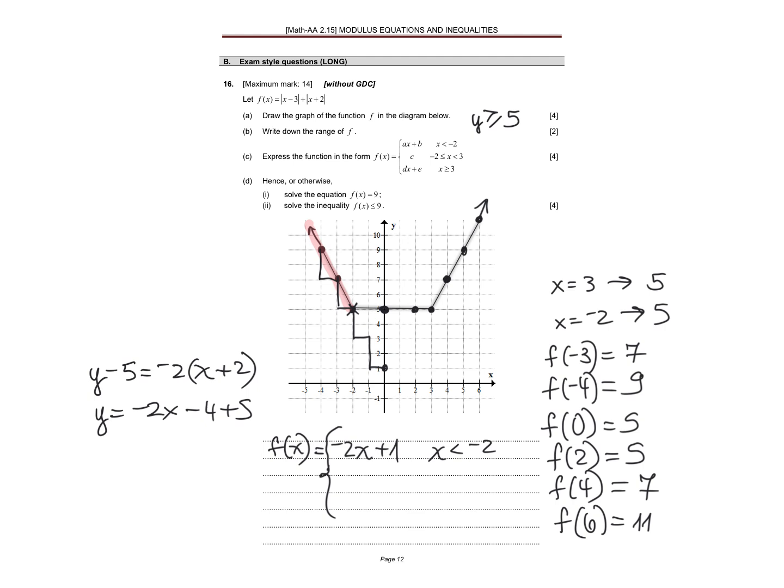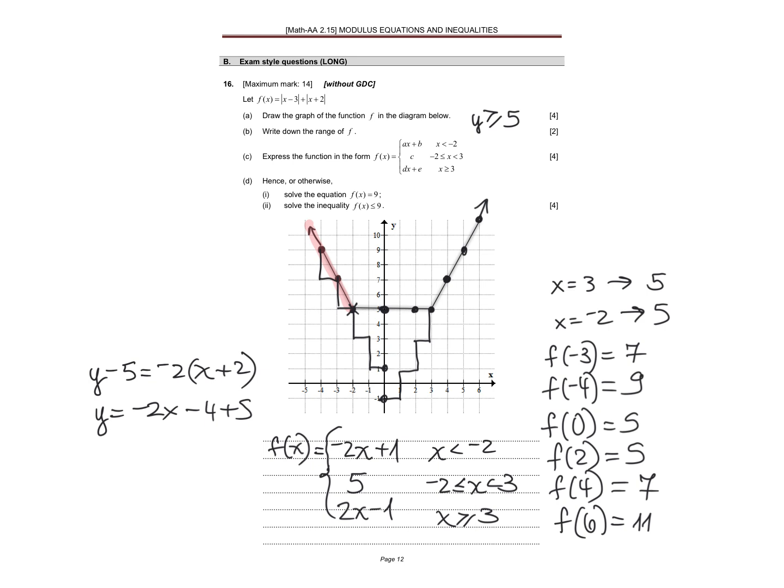So that's for x less than -2. And then we're in between -2 and 3. So that's just y equals 5 there. It's a straight horizontal line through 5, gradient 0. And then after 3, we have the gradient is positive 2 because we go up 2 over 1. And you can see that the y-intercept is going to be -1.